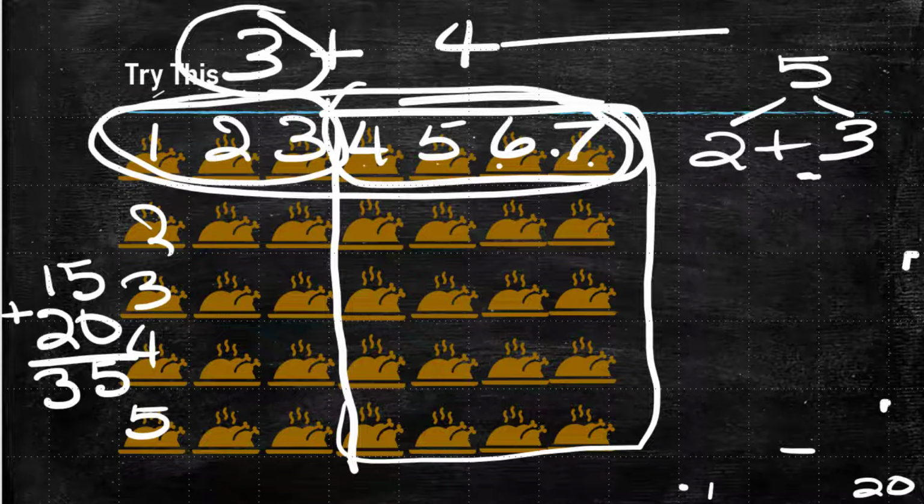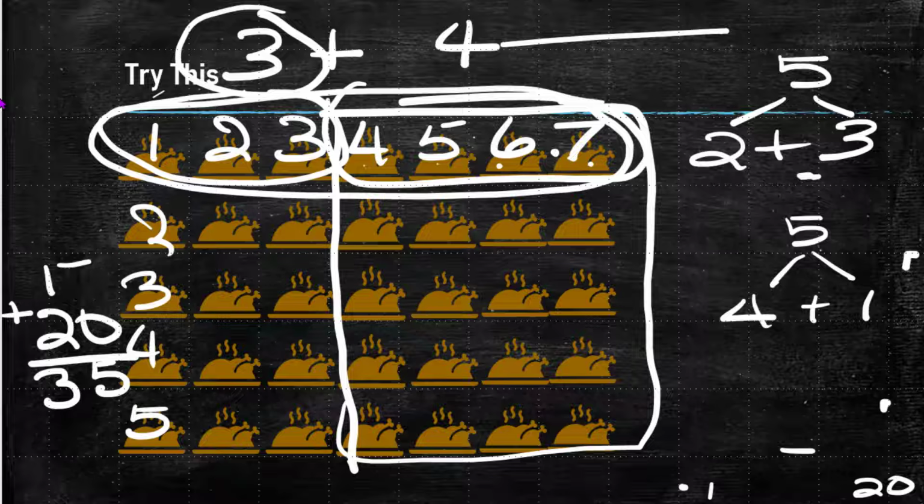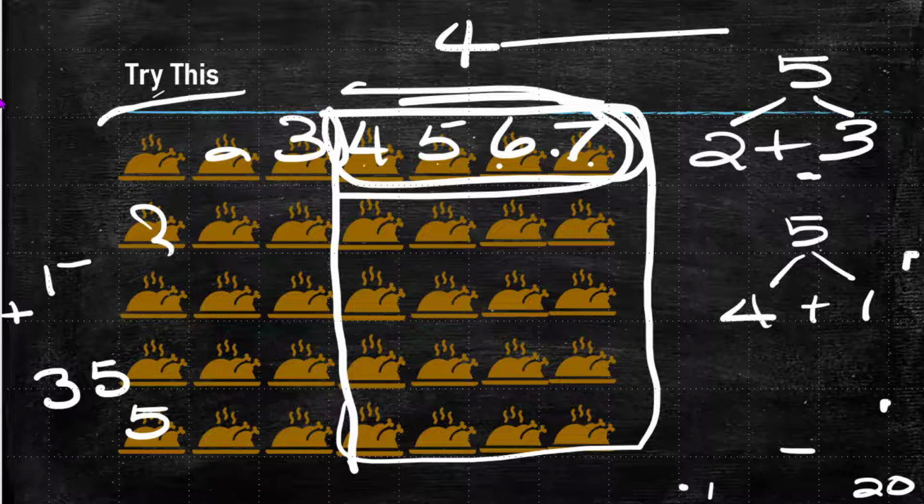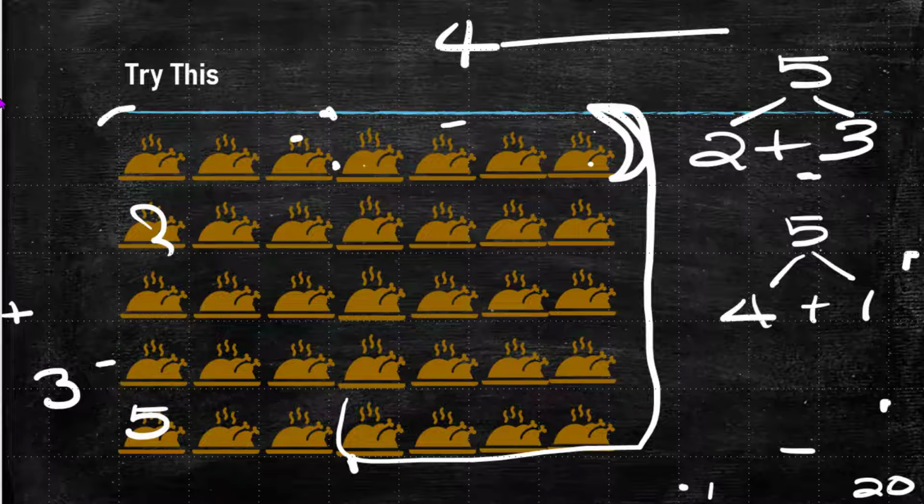Or I can break apart the number 5 to 4 plus 1 or 1 plus 4. Let me erase and show you. That means I would have to break, let's say I break the 5 apart into 2 plus 3.